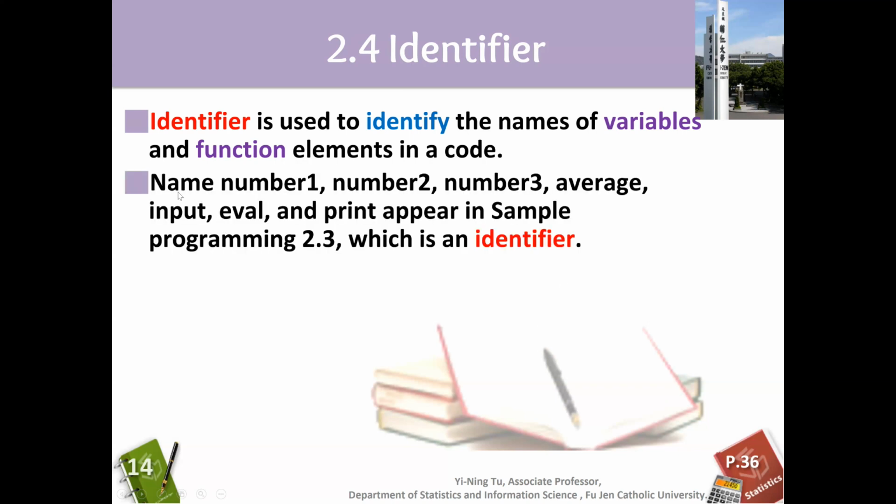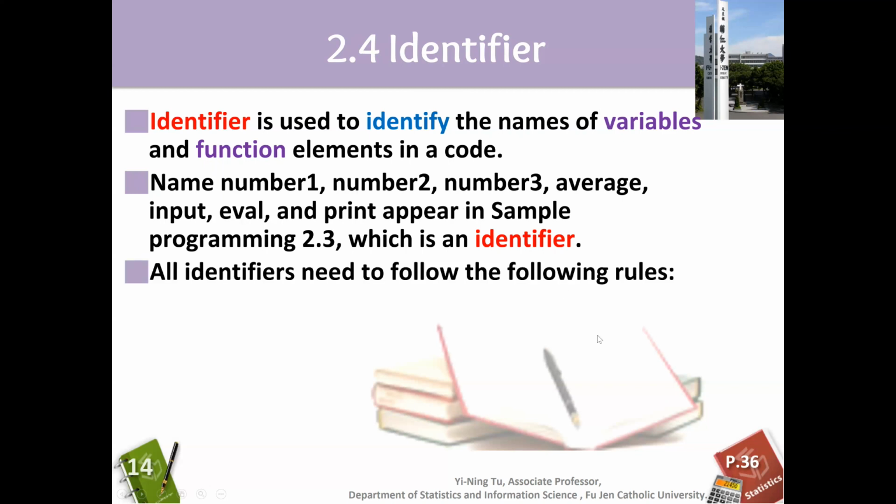For example, number1, number2, number3, average, input, eval, and print appear in sample programs 2.3, which are identifiers: variables and functions. All identifiers need to follow the following rules.